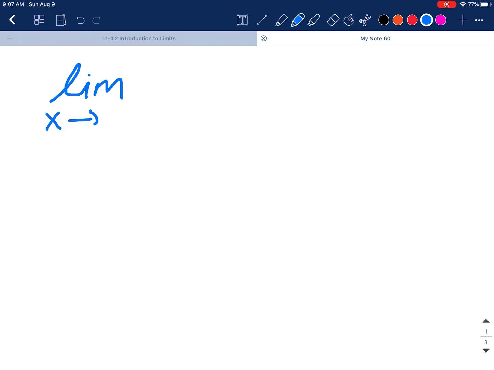So the first part of our expression is the part that actually uses the word limit. So we have this limit as x approaches a, where a is some real number.